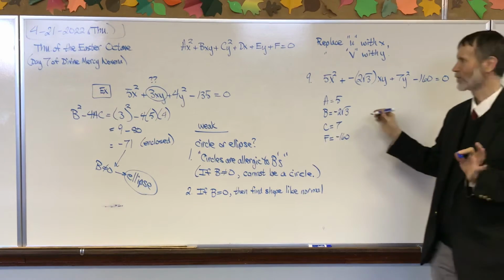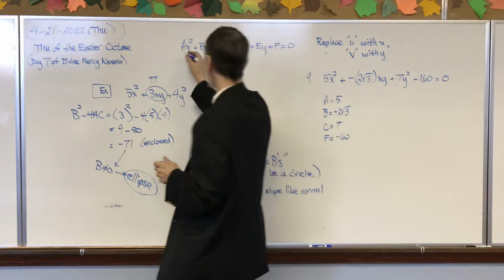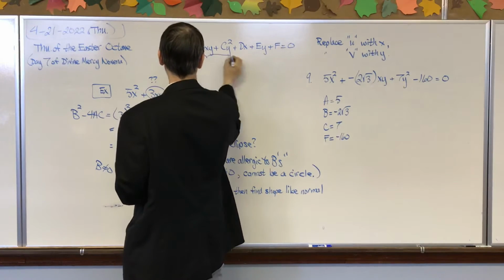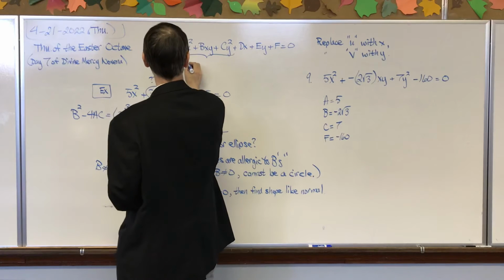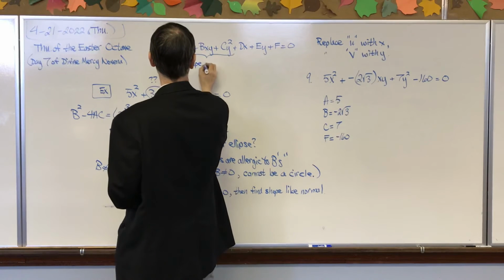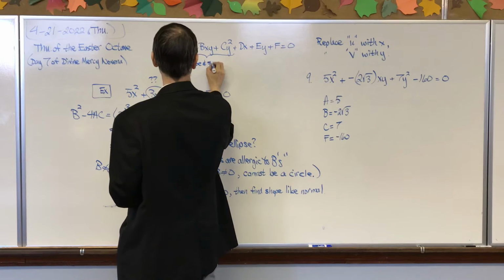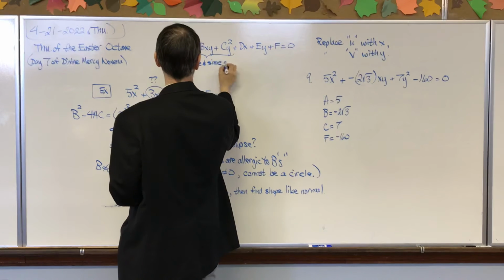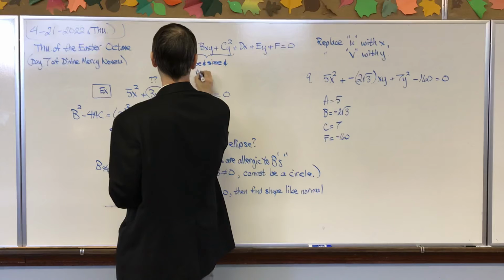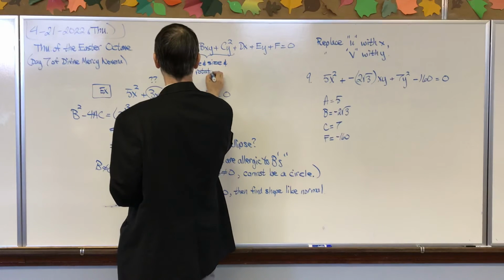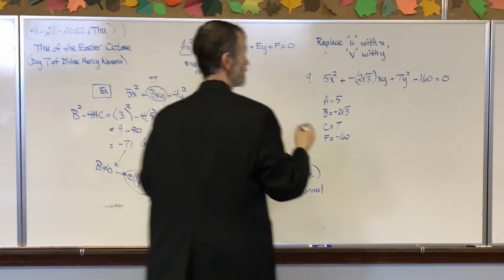It's useful, by the way. I'll tell you what this thing actually does. A, B, and C will determine the shape and the size, and this is kind of weird, and the rotation.